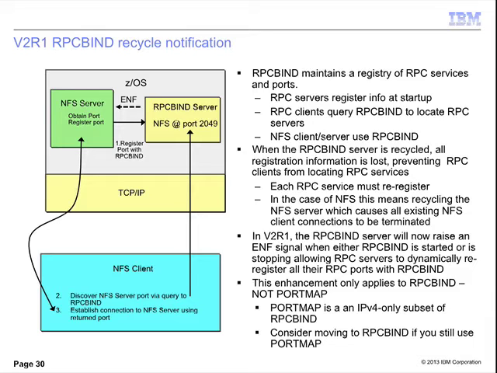We only made this update for RPC bind itself, and so if you're still on PortMap, it's one of those things at some point in time you probably want to consider moving to RPC bind. RPC bind is also IPv6 enabled, which PortMap was not. We are not enhancing PortMap. It's still there, but we're not making any enhancements to it.